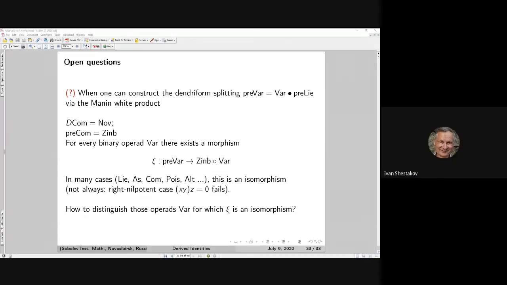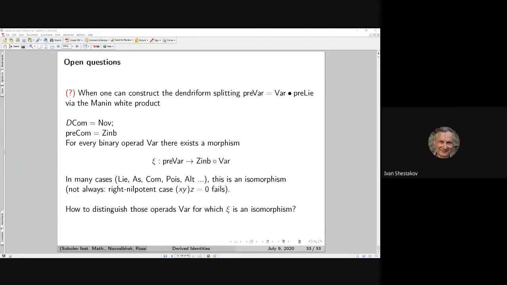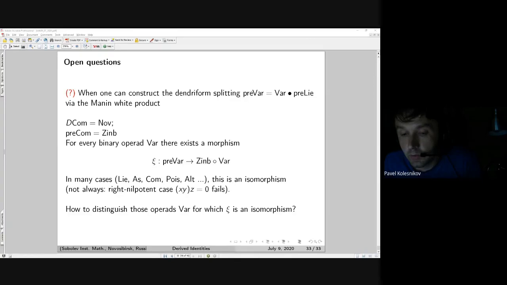And Pavel, for Jordan algebras, probably it's difficult because it's of degree 4. Yes, the operad is non-quadratic, that's true. But the white product can still be defined, and the dendriform splitting can also be calculated. Moreover, it is already calculated by Chengming Bai and co-authors, so-called pre-Jordan algebras.